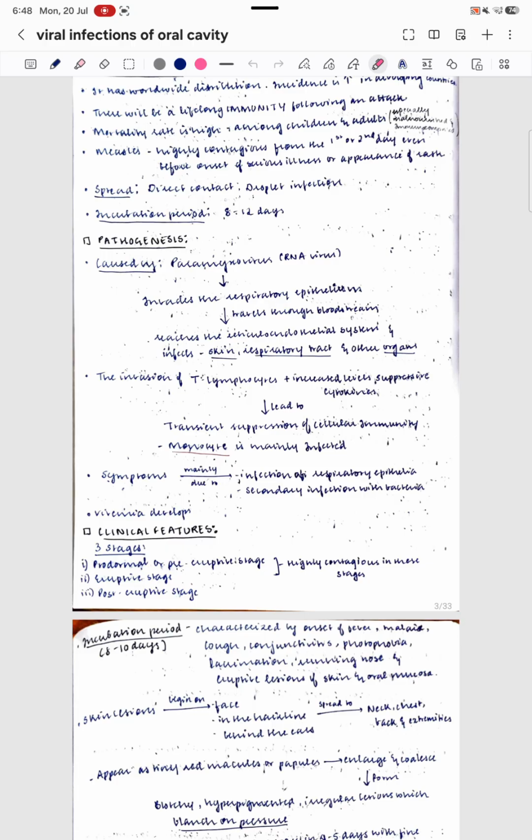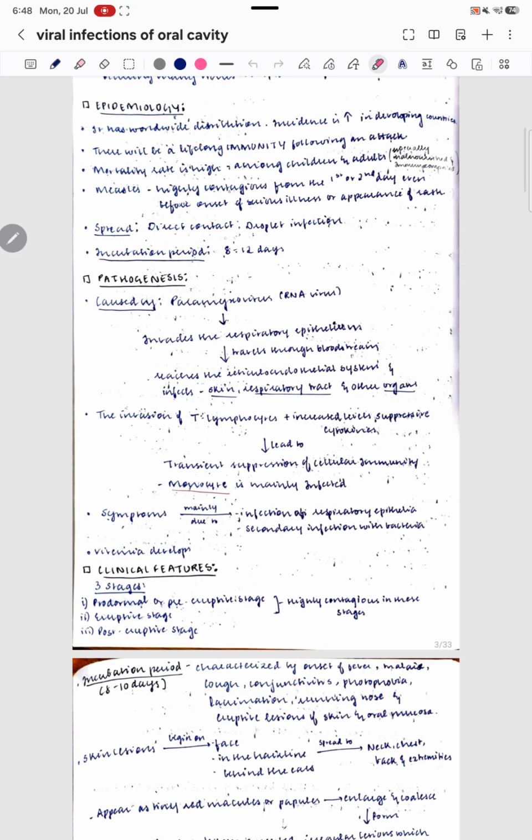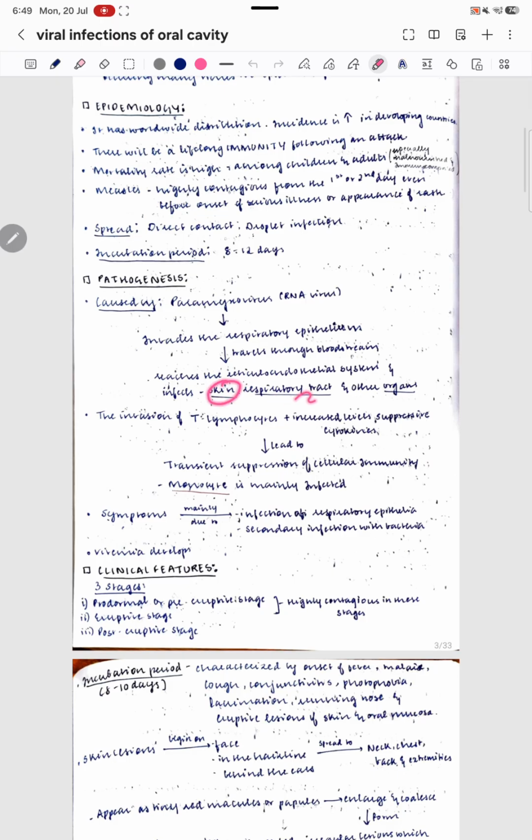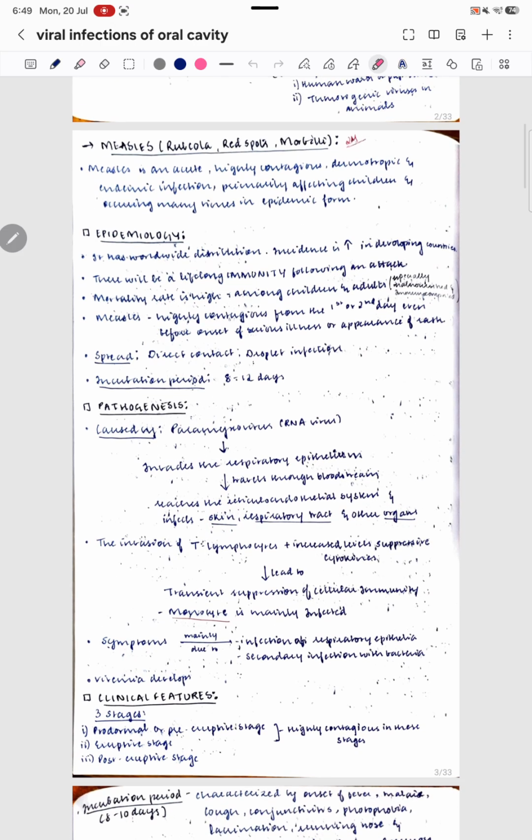It invades the respiratory epithelium and travels through the bloodstream. After that, it reaches the reticuloendothelial system, where it infects the skin, respiratory tract, and other organs. Measles has been asked for a 2 marker, so just remember the basics of measles.